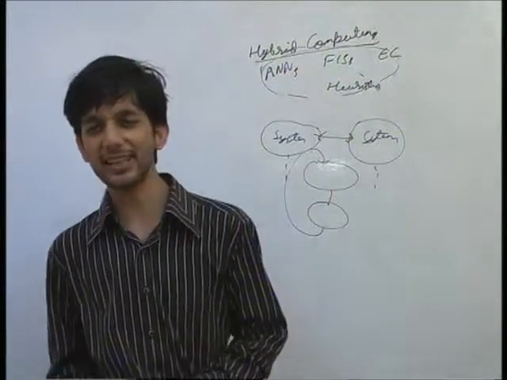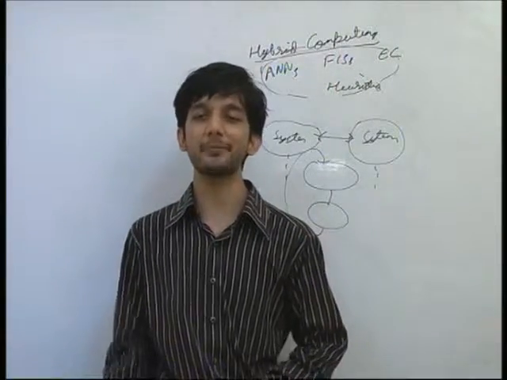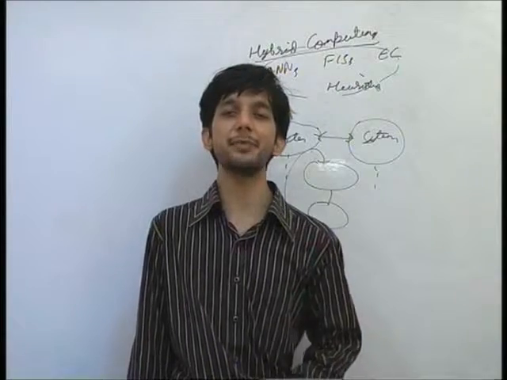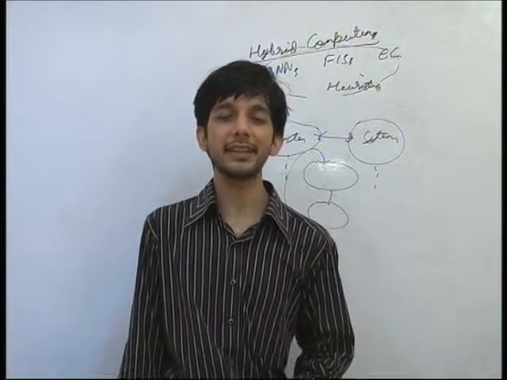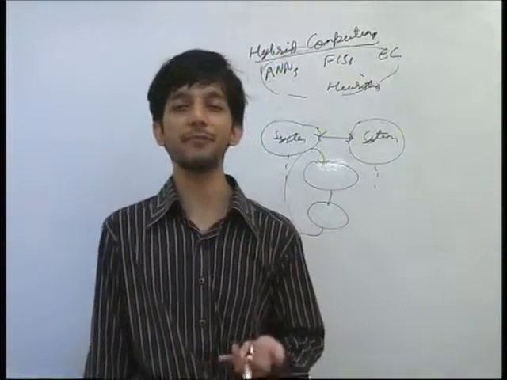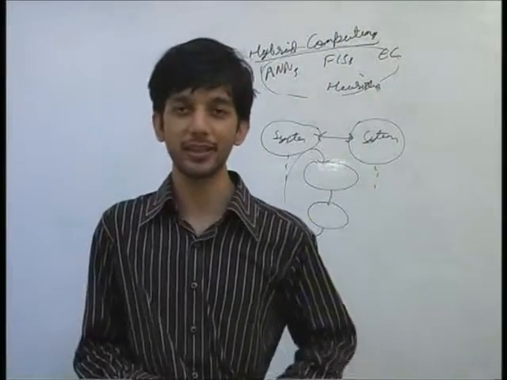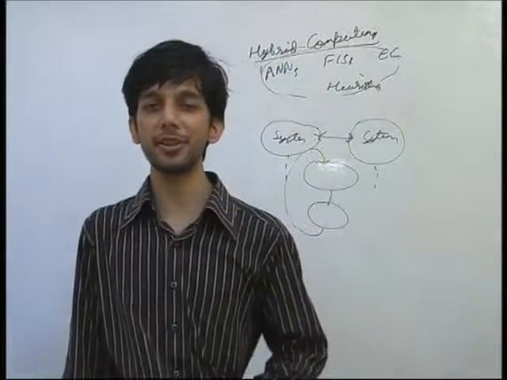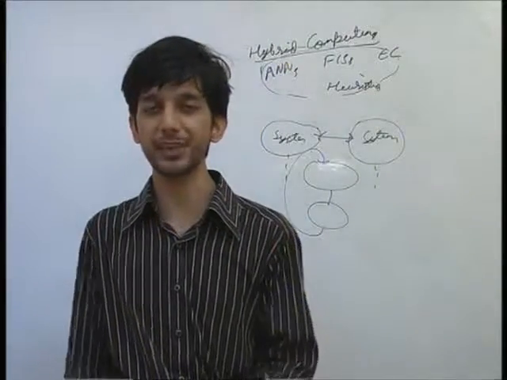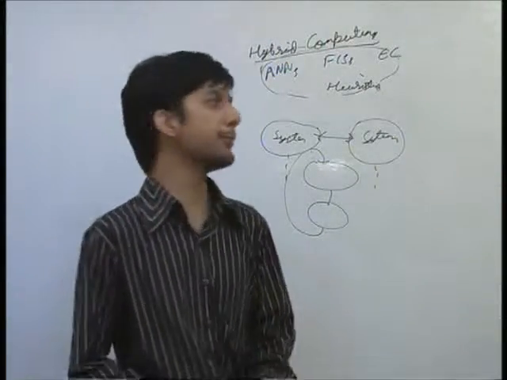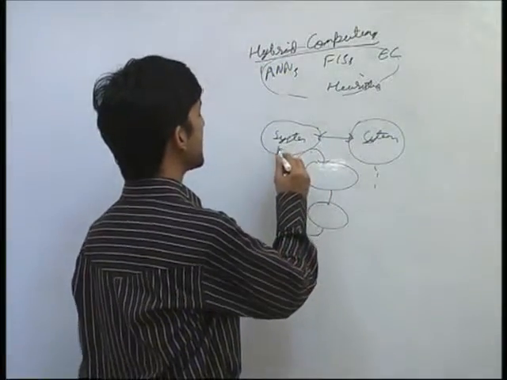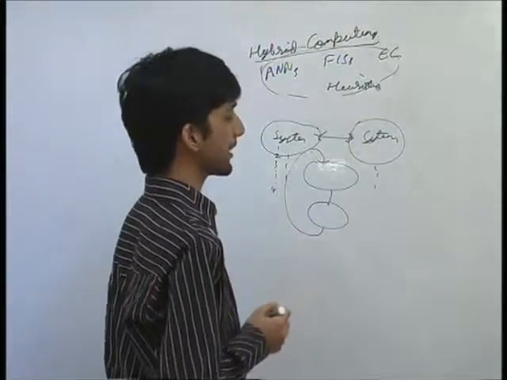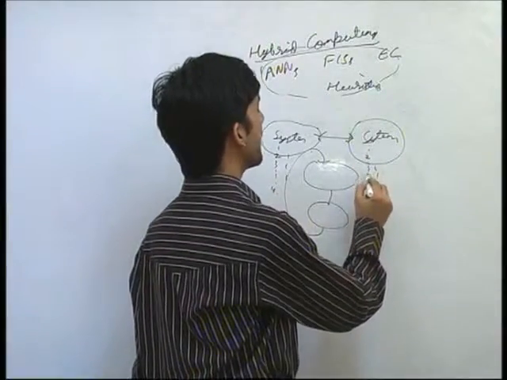Now whenever I say that we are trying to create some kind of hybrid systems, one thing needs to be very clear, that there always has to be a motivation behind the hybridization. There always has to be some kind of inspiration behind this hybridization process. So we need to explicitly state the characteristics of these systems being hybridized.